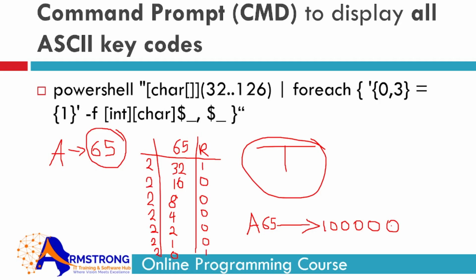So it's 1000001 in base 2 to represent capital A. This is what you must understand as a programmer, that anything one types, the computer uses a binary code to represent that alphabet with the help of the ASCII code.